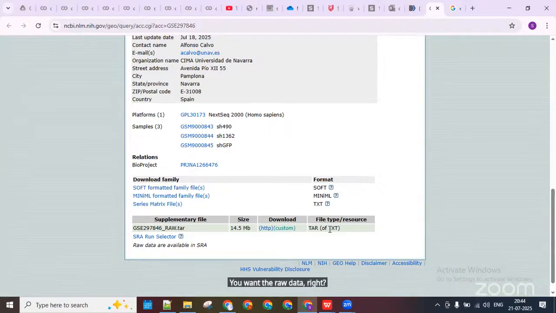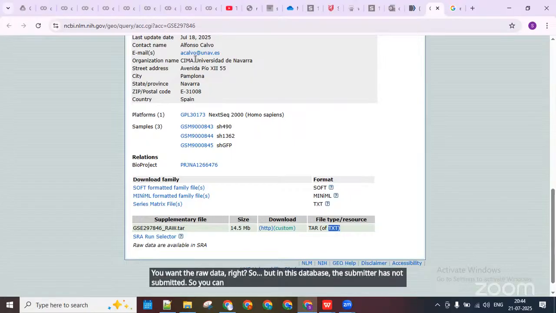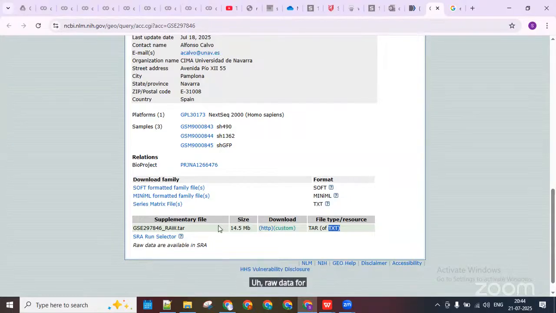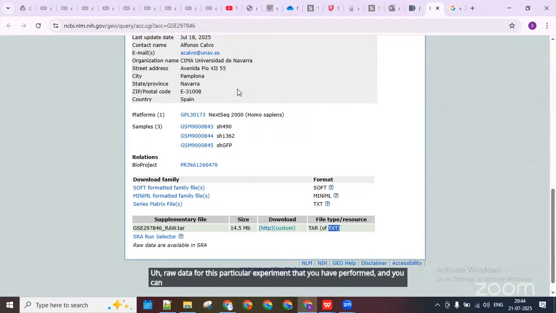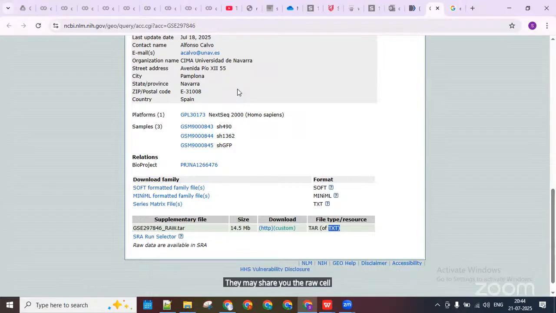But in this database the submitter has not submitted it, so you can contact the submitter through this email ID, saying that you need the raw data for this particular experiment that they have performed. You can mention your requirement and why it is really important for you, and if they are convinced, they may share the raw CEL files with you.